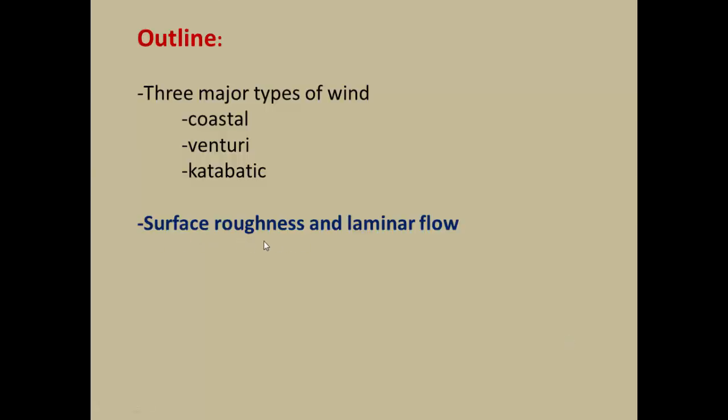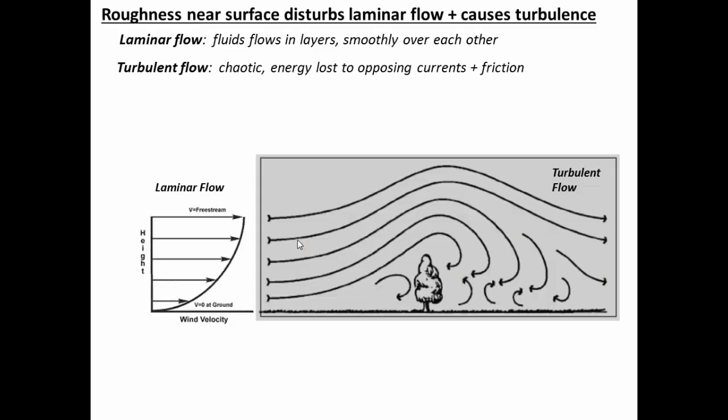Let's switch now to finish up with surface roughness and laminar flow. One thing to consider is that wind is basically a fluid, and in ideal cases it flows along by laminar flow, where layers of the wind flow past each other at different velocities with relatively little friction between the different layers.